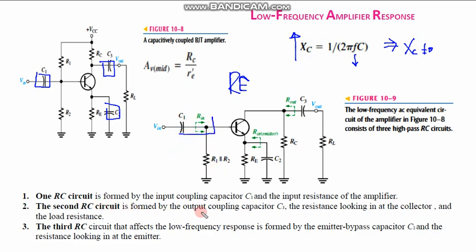The second RC is formed by the output coupling capacitor C3 over here. And similarly the third is formed by the emitter bypass circuit, which is given over here in this direction. So there will be the formation of three RC circuits, right?